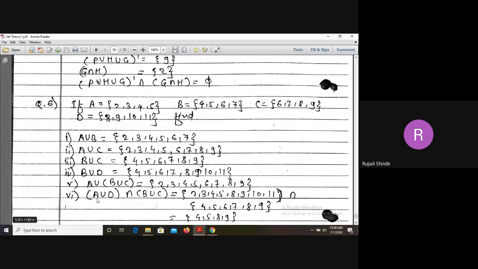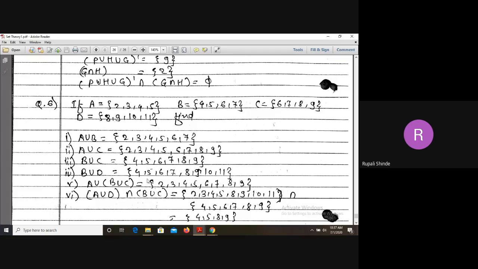Now, next one is A union B intersection B union C. So first we have to find out what is the answer for A union B. To combine the elements from these two sets as 2, 3, 4, 5, 8, 9, 10, 11.